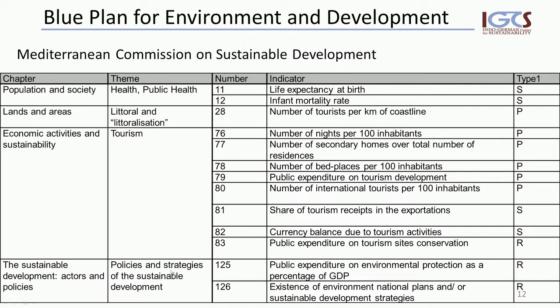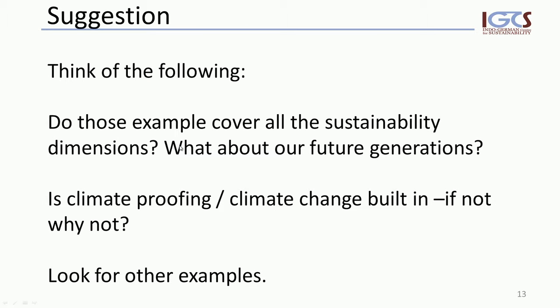And then we have a component on policies and strategies towards sustainable development. So this is an example of how different countries with their very own economies can come together and develop a joint assessment frame and plan towards environmental protection and development altogether.